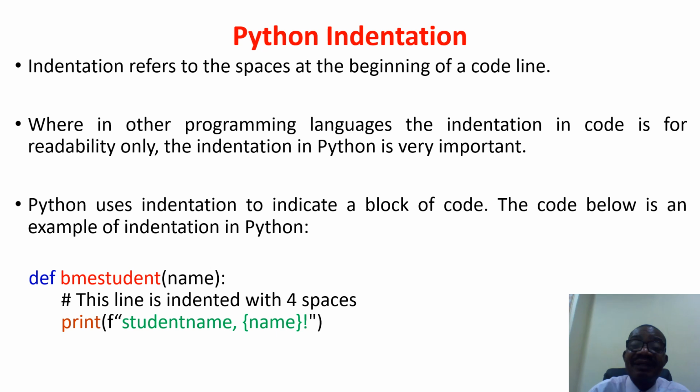In other programming languages, indentation in code is for readability only, but the indentation in Python is very, very important, because if you don't get the indentation right, your code will not run. So Python uses indentation to indicate a block of code.